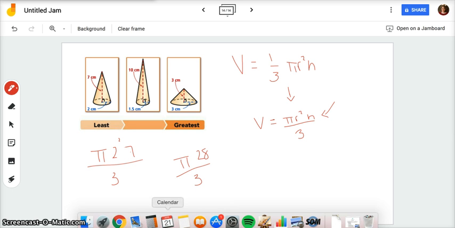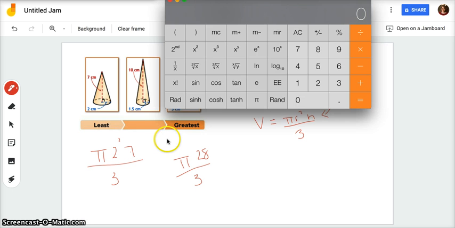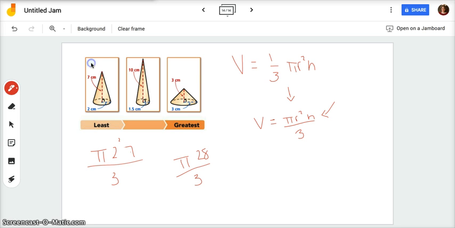In fact, I'm going to calculate it, just so you can see these numbers right off the top for our first example. 28 times 3.14 is that, divided by 3 is that. So this one is approximately 29, and we're dealing with volume, so it's cubic centimeters. So we're going to say approximately.